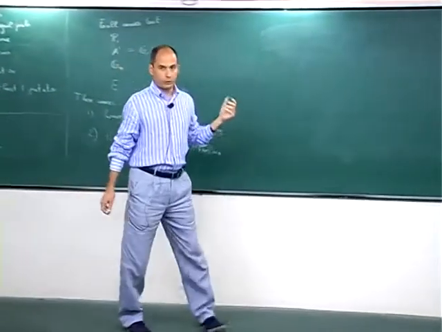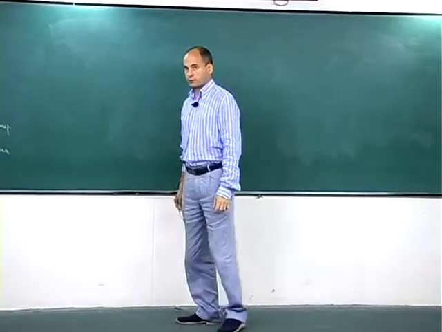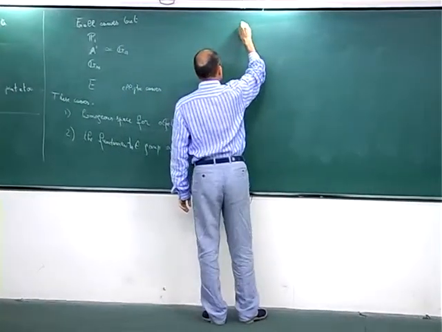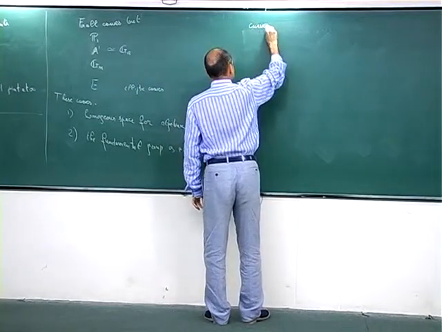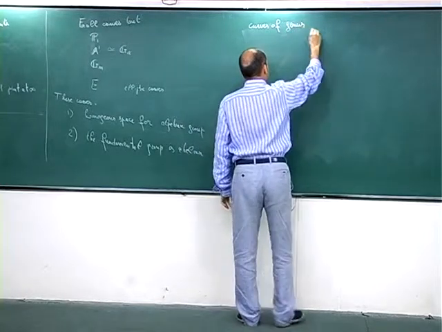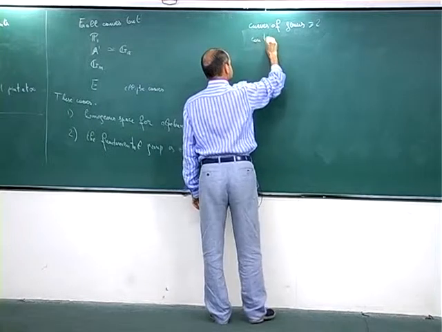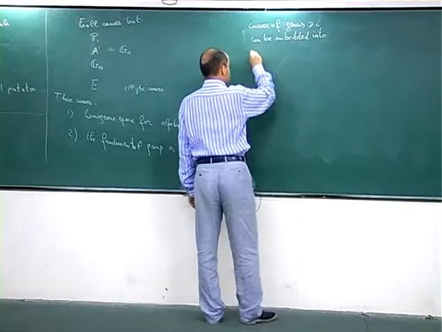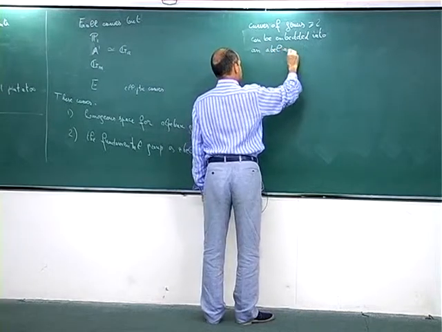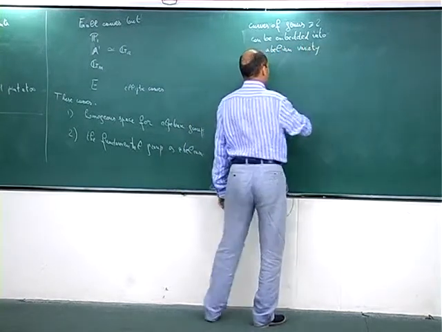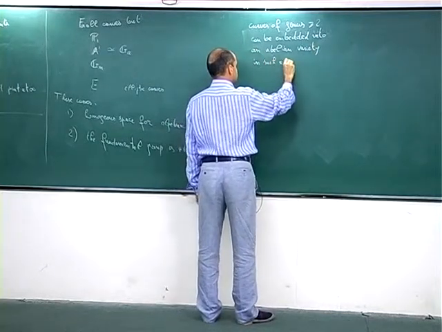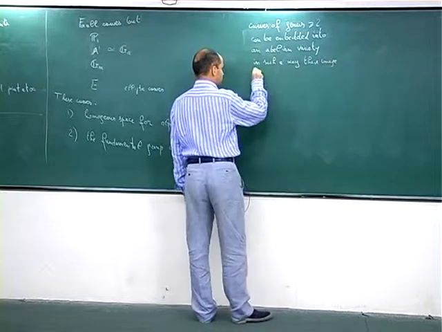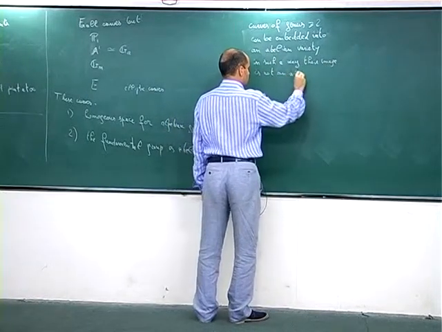If we look at the Jacobian variety, or the so-called generalized Jacobian variety, we have the curves of genus at least 2 can be embedded into an abelian variety in such a way that their image is not an abelian subvariety.